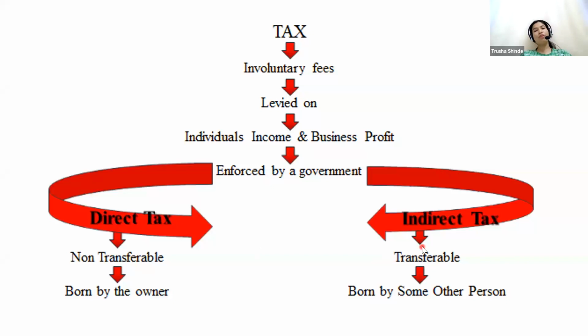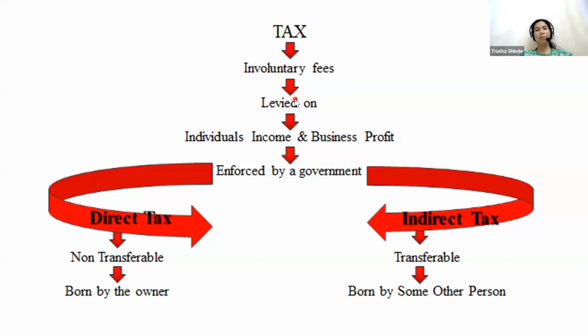If we talk about indirect taxation, then this tax is all about your sales part, your supplies part. And this tax is always transferable. For example, the manufacturer is there. From the manufacturer, the person is selling to the wholesaler.